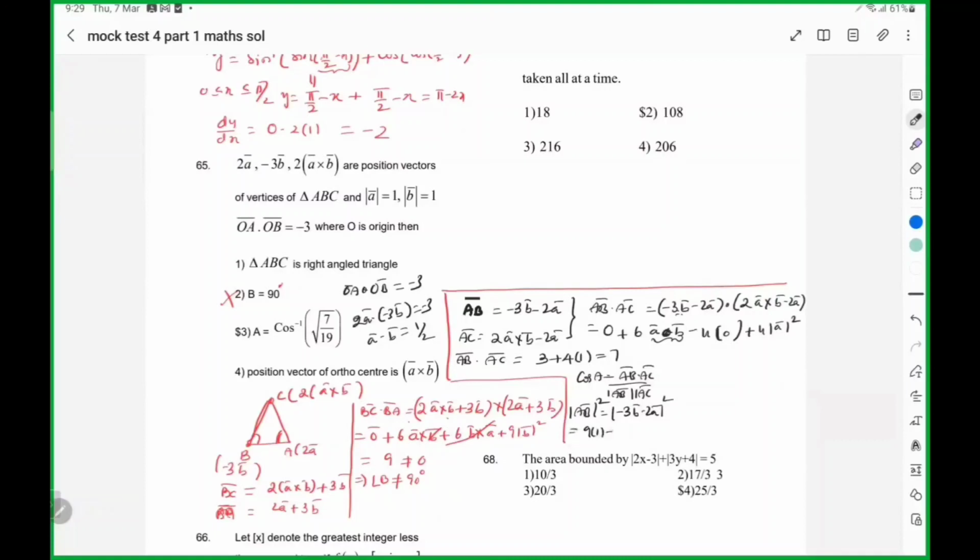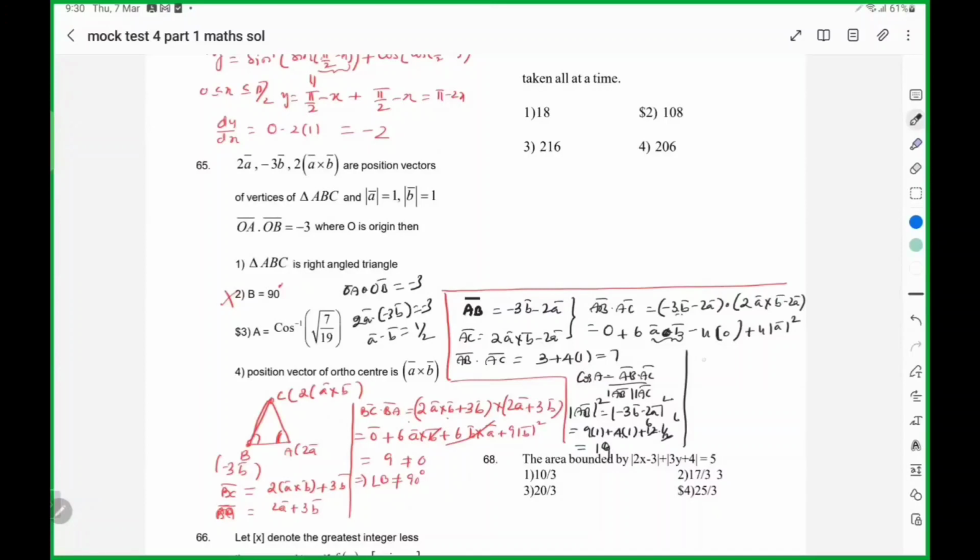Here 9 mod B square plus 4 mod A square, plus 12 times A dot B, that is 6, which is totally 19.